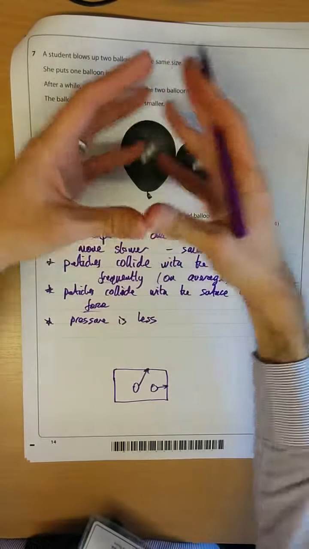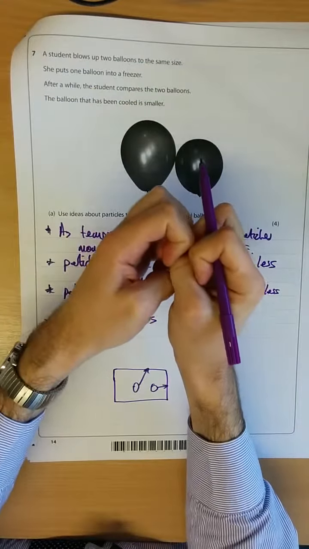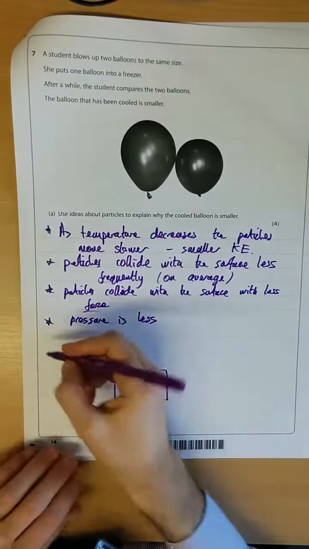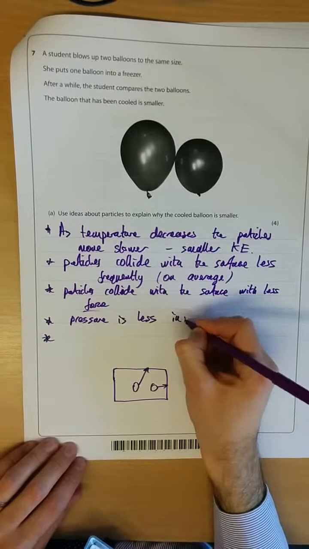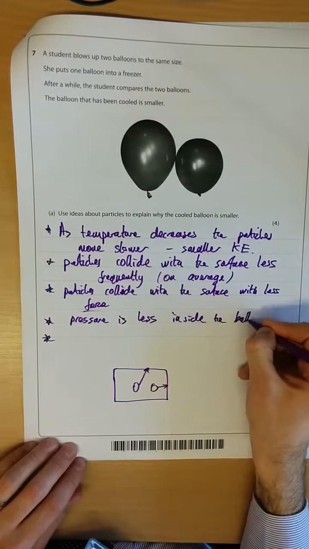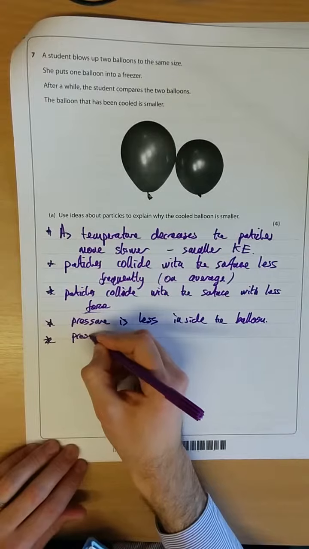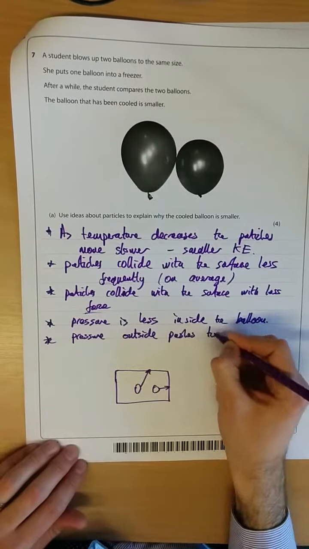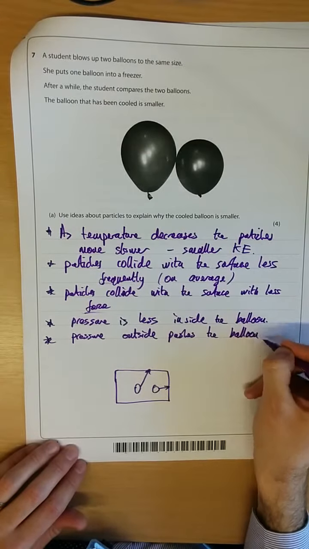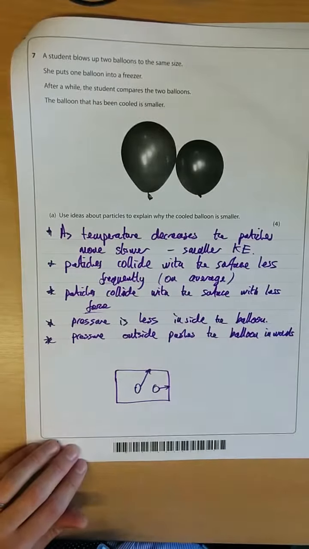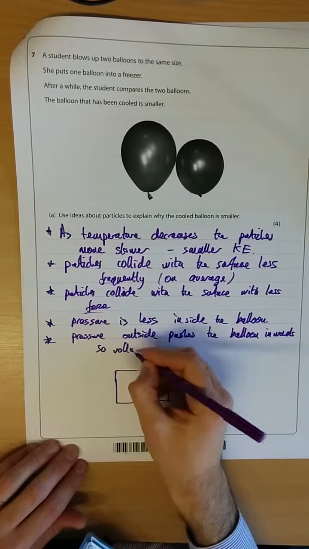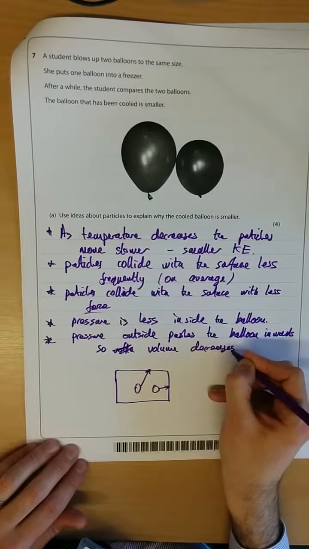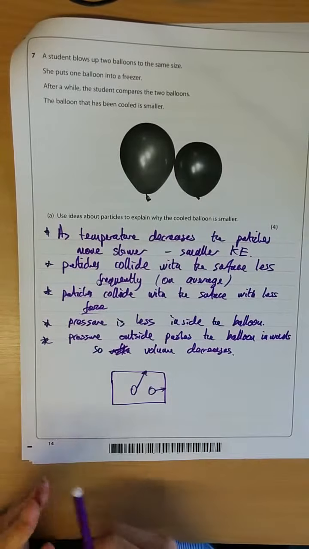And if the pressure is less, then the balloon is going to shrink. The pressure inside gets smaller. The pressure outside pushes it in. So the pressure is less inside the balloon. Pressure outside pushes the balloon inwards. So the volume decreases. Okay, good.